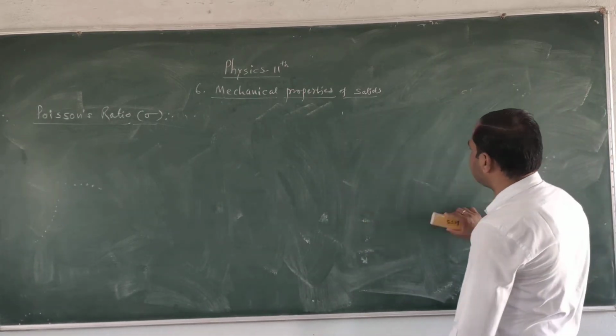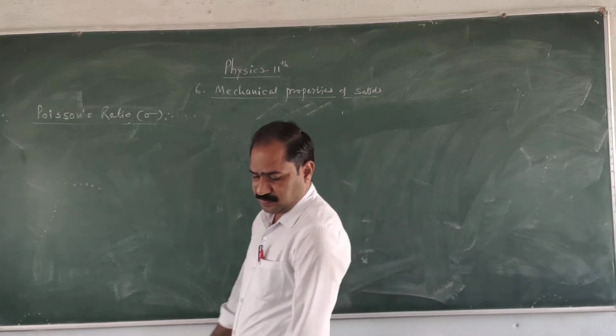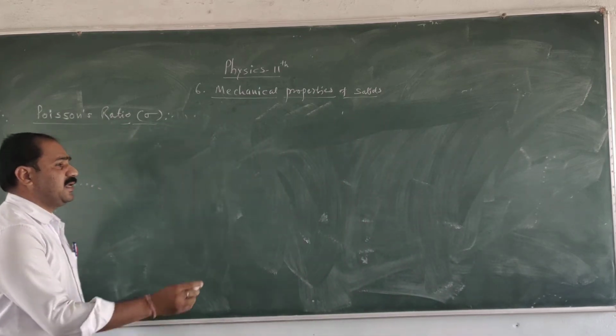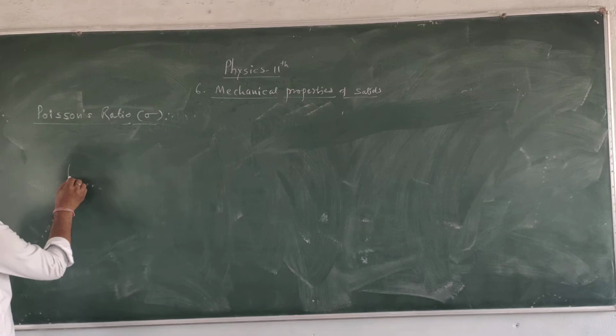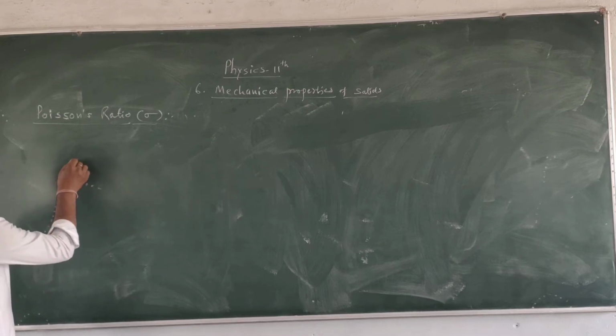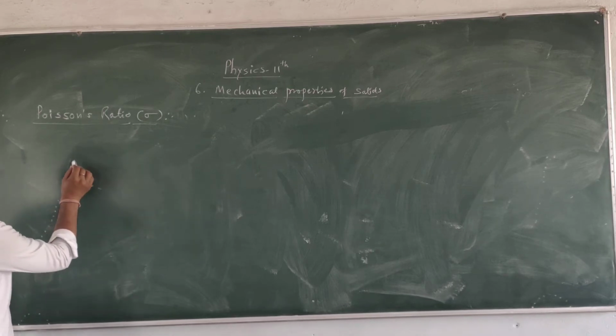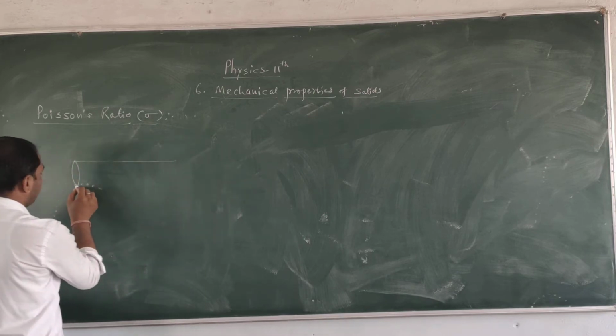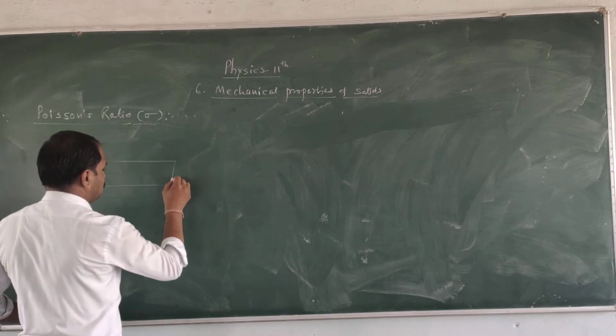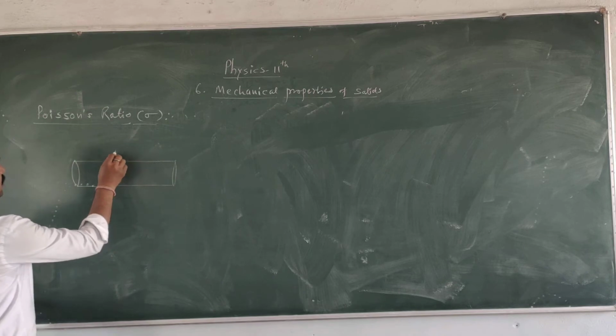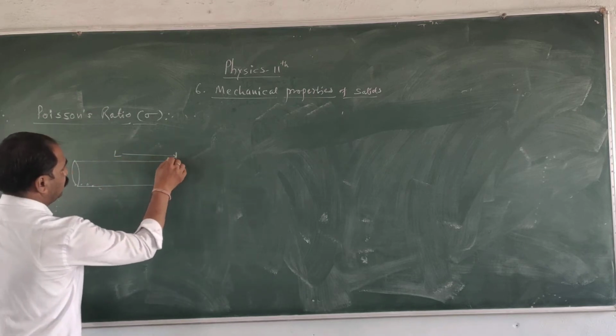So consider a cylindrical wire having length capital L. Suppose here is the wire, and capital L is the length of the wire.